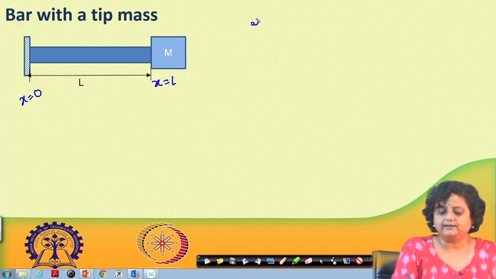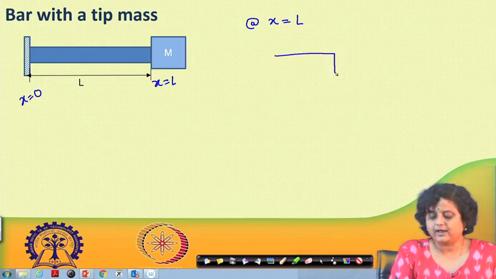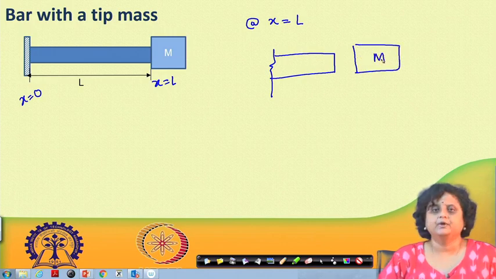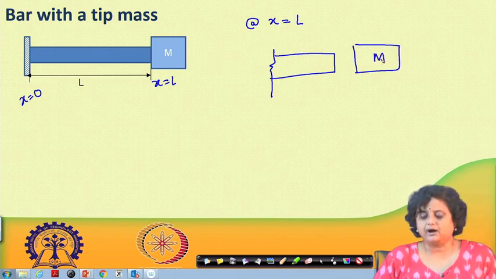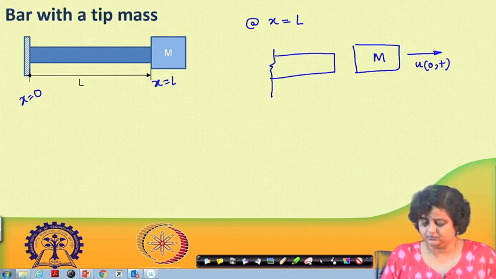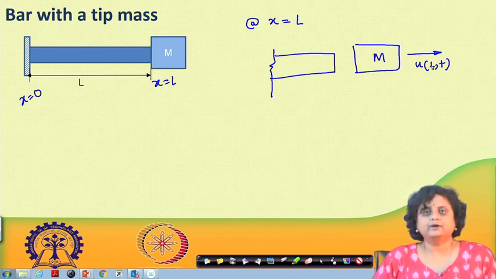So, now let us see at x equal to L, let me draw the free body diagram. So, what is going to happen? This is the rod, this is the concentrated mass M. This concentrated mass is going to vibrate with a degree of freedom of u L t.